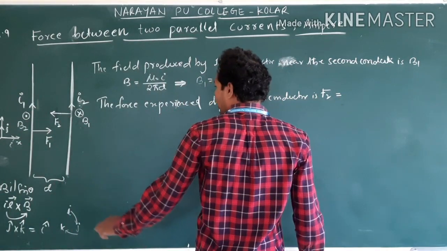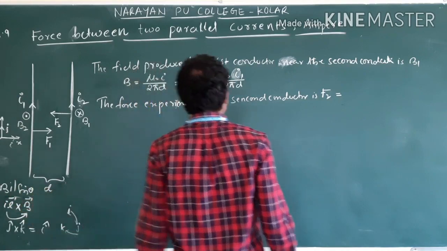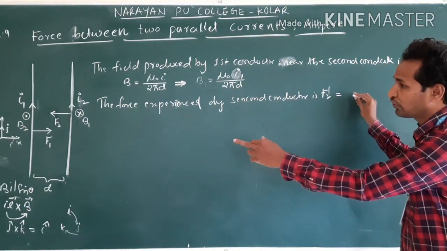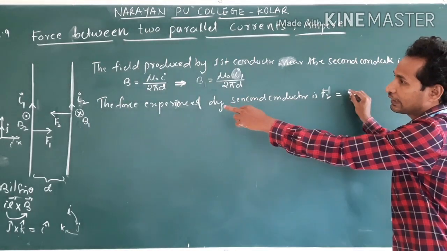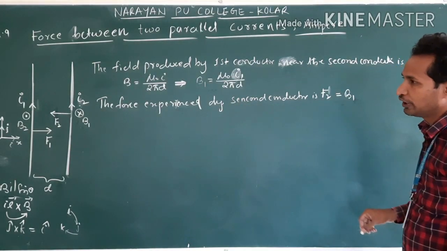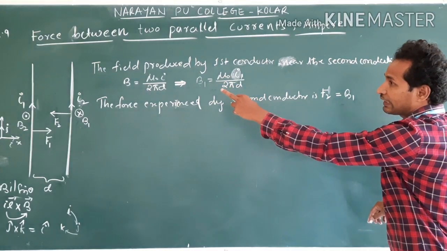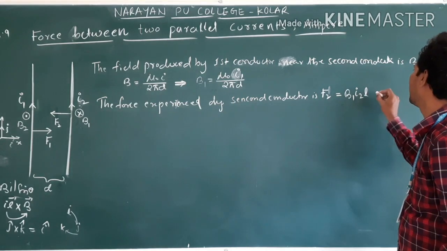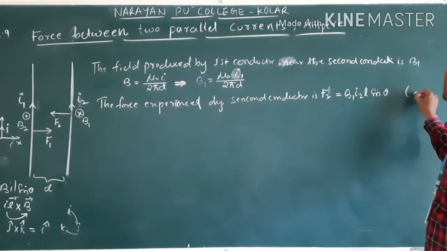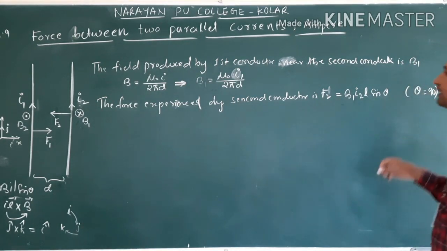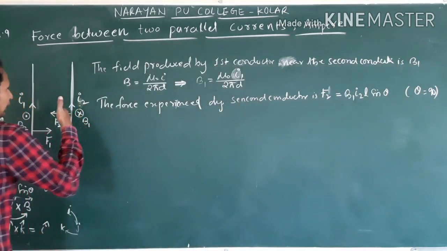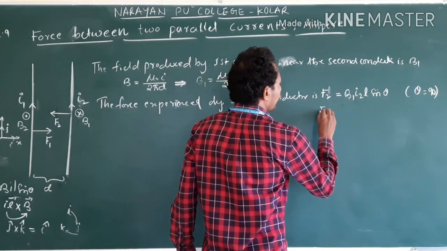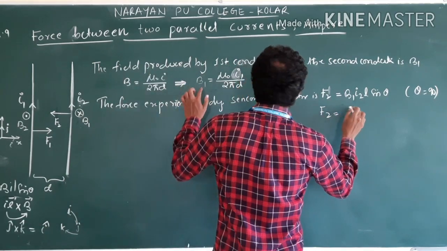Clear? What is the force formula? BIL sin theta. So second conductor force is experienced due to which field? Which field is acting at second conductor? B1. What is the current passing through the second conductor? I2 and L sin theta. Here theta is equal to 90. Reason? This B1 field acting perpendicular. So then theta is 90. This F2 is equal to, what is B1 formula?